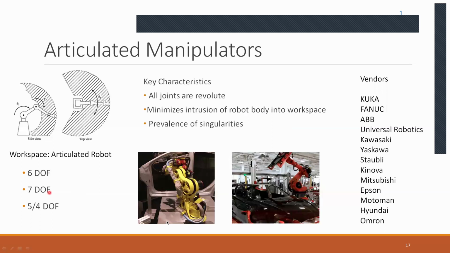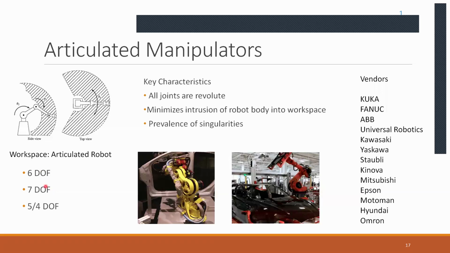I find it quite hard to explain what it does using a simple photo, but when we come to the practicals and the programming, I'll show you the advantages of having a 7 degree of freedom one over a 6 degree of freedom one. But if you imagine that your arm had another joint, think of the additional capabilities that your arm would have. That's the reason why people have developed the 7 degree of freedom ones.